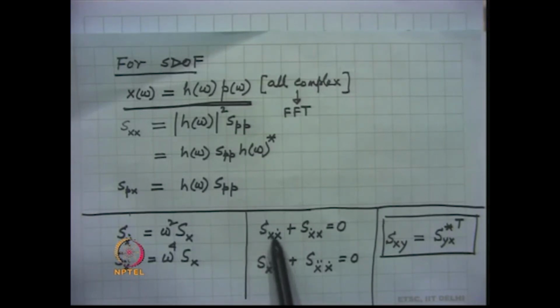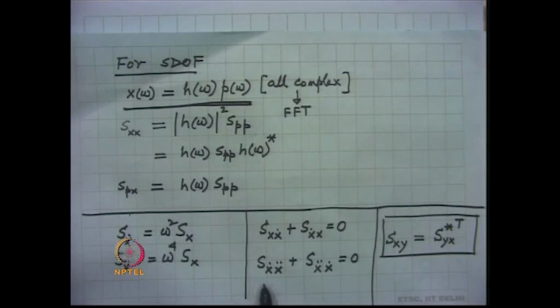Also we had proved that Sx dot x plus Sx x dot is equal to 0, that is, the cross power spectral density function between the velocity and displacement. If it comes into the solution or analysis, then we ignore that, means we set that equal to 0 because of this reason.